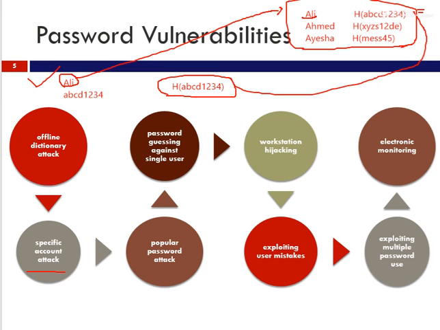What is the password policy? Like, the password should consist of, let's suppose, 12 characters. It must include one capital letter. It must include one symbol or a number. So this is the system password policy, and you also have knowledge of some specific user ID, and then based on this system password policy, you try to guess the password. So that is password guessing against a single user.